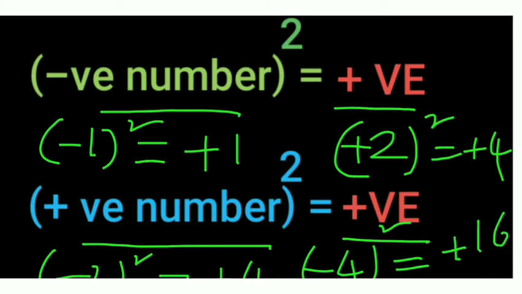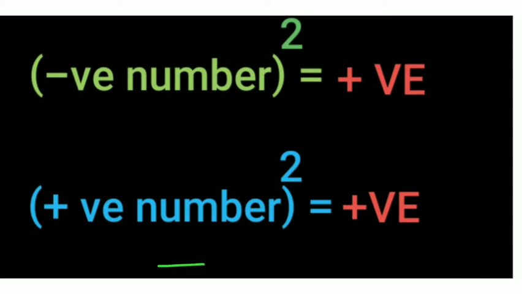So every number we square, whether positive or negative, always gives a positive number. So why do we always get positive? Why don't we get a negative number? This type of question arose in Euler's mind.